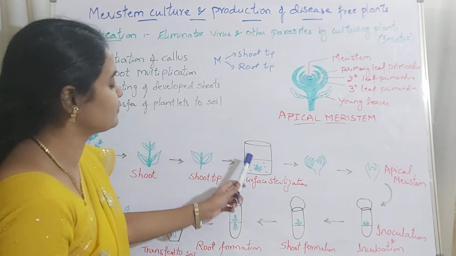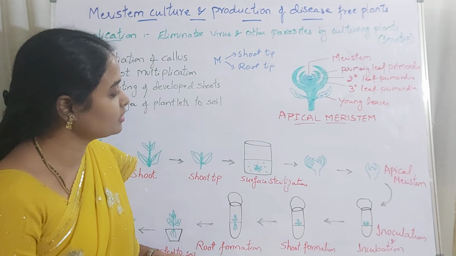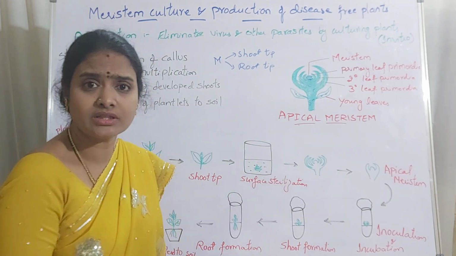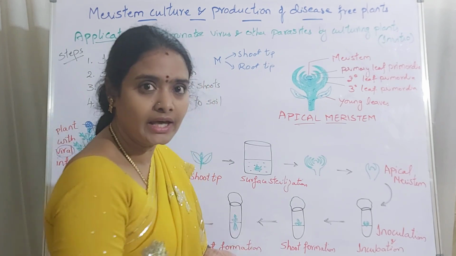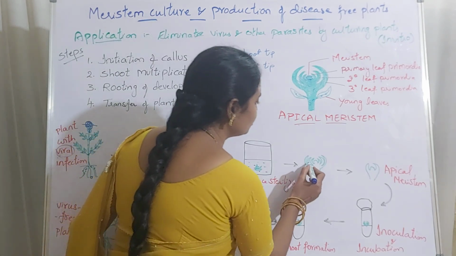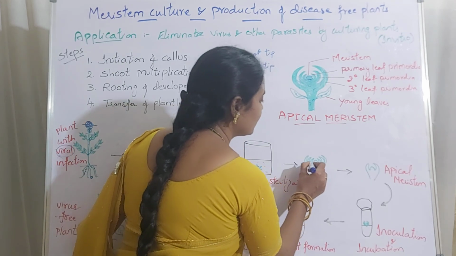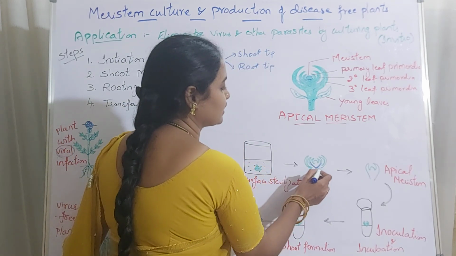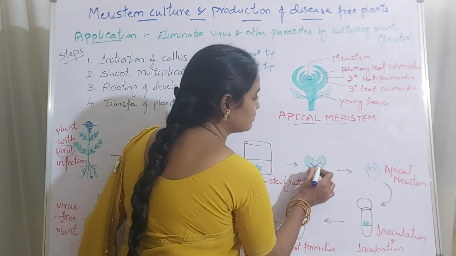After surface sterilization, you are taking it to the laminar airflow in a petri plate placed with tissue papers, right. Allow it to dry. Then with the help of a scalpel, you are going to trim only the apical meristem, right. As we told, there may be viral contamination here, right. So you are going to trim only the apical meristem.